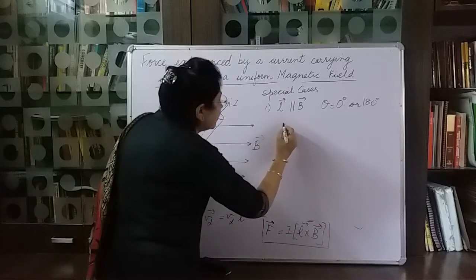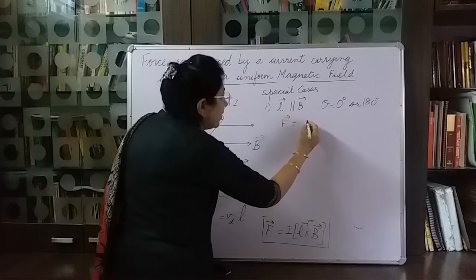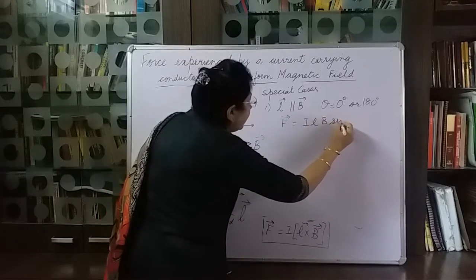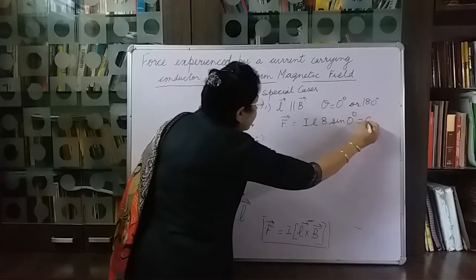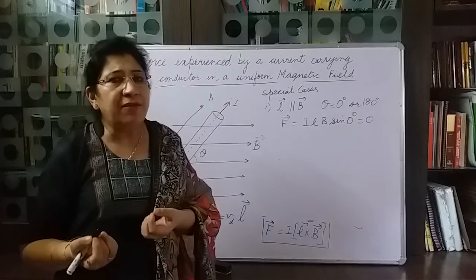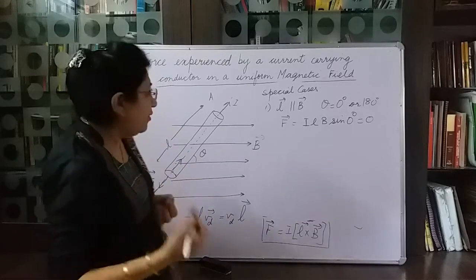In that case, the force would be ILB sine 0 degrees, that is 0. So if the current carrying conductor is parallel to the magnetic field, it does not experience any force.